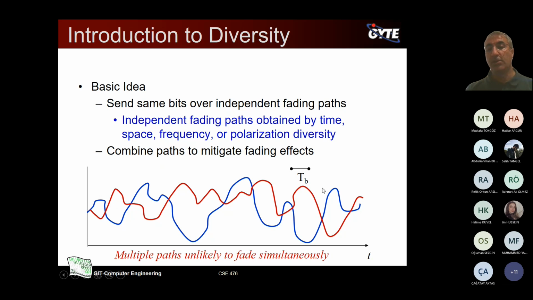Or in other words, within this time period the red one is faded, so we may lose the bits, but the same bits can survive through the other path, which is the blue one. So we are basically creating diversity so that we can mitigate the effects of fading.